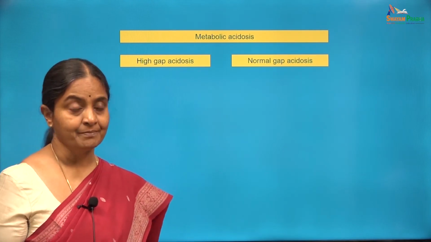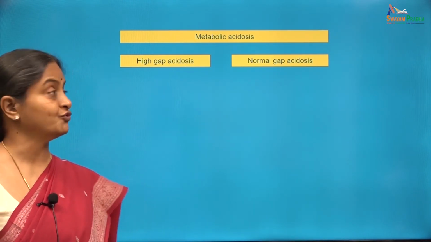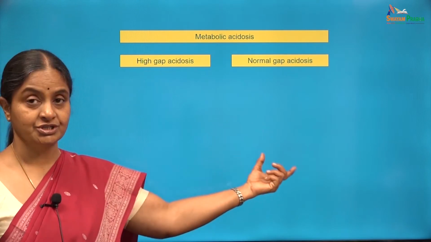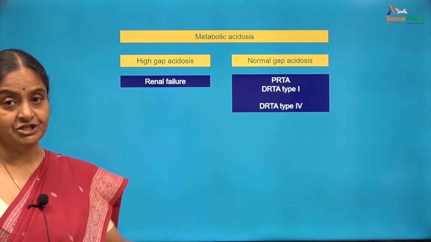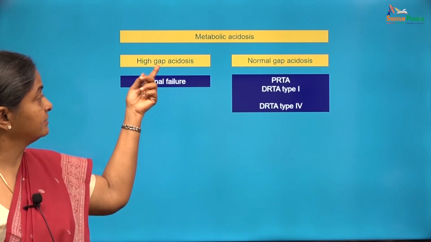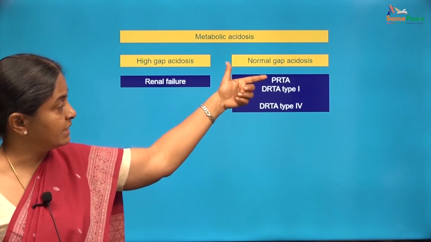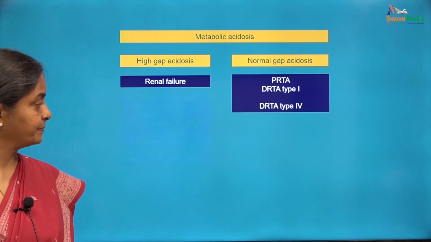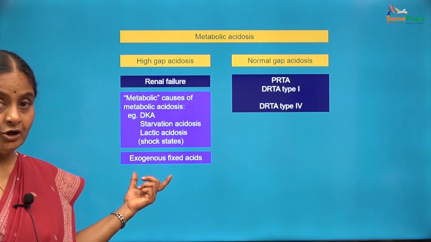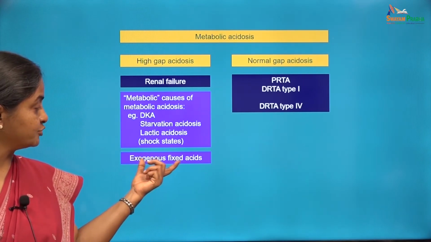We will group the conditions that we've learnt so far as high gap acidosis and normal gap acidosis. These are the renal conditions: renal failure giving high gap acidosis and the renal tubular acidosis having a normal anion gap. These are the altered metabolic states and exogenous poisoning.